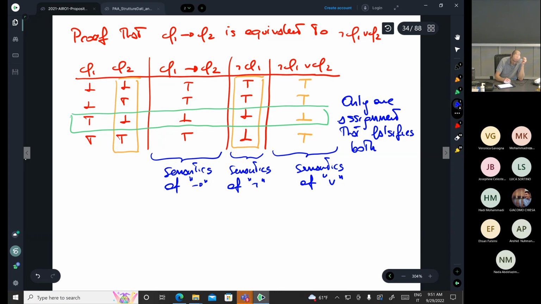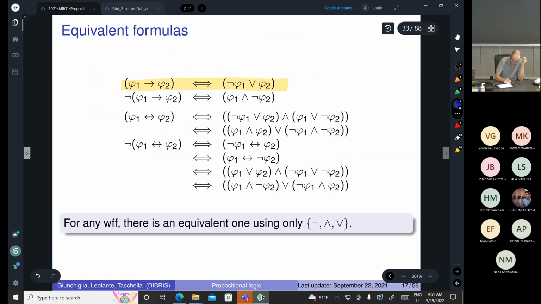Okay. Let's look at some other equivalences and see if they are obvious. Okay, now the negation of phi1 implies phi2 is logically equivalent to phi1 and not phi2. This works, right? If you remember, there is only one assignment that falsifies phi1 implies phi2, and that assignment is when we have phi1 true and phi2 false, which is exactly the only assignment that satisfies this formula here.